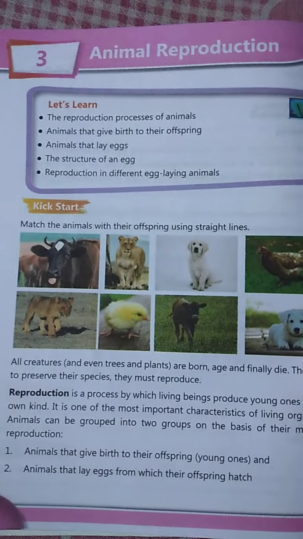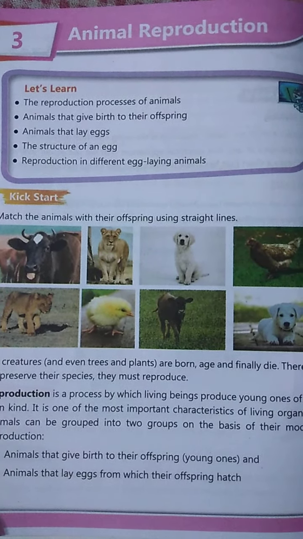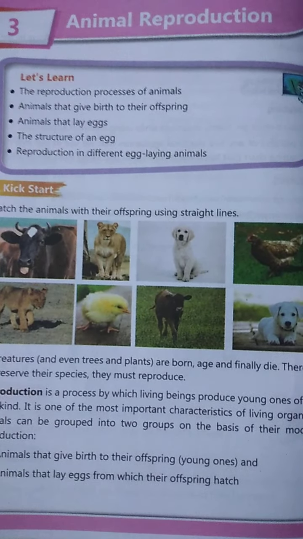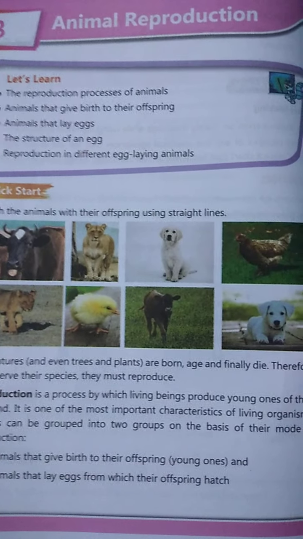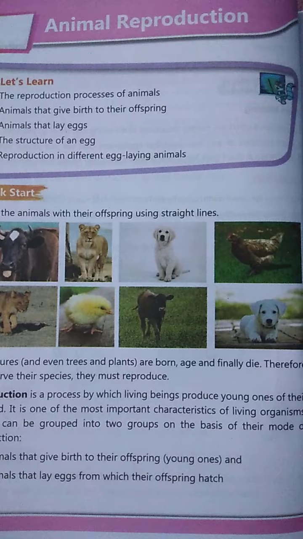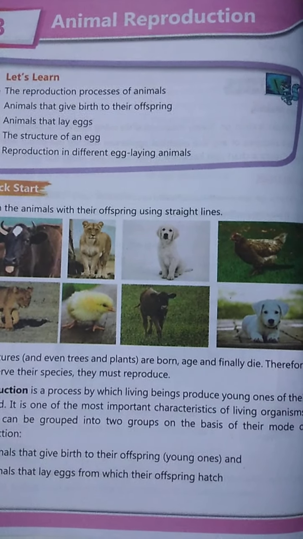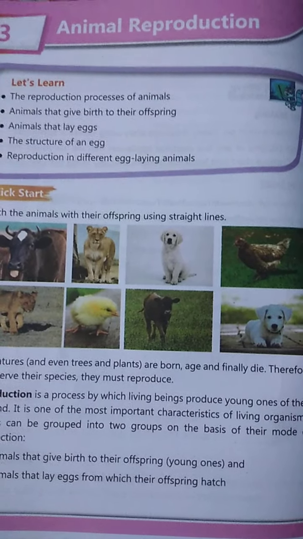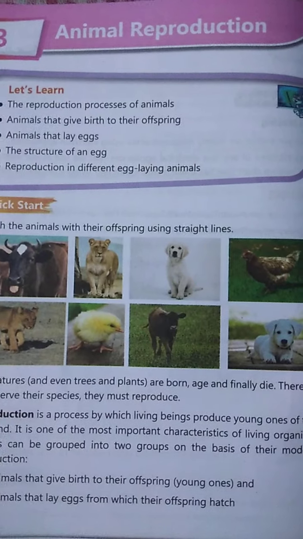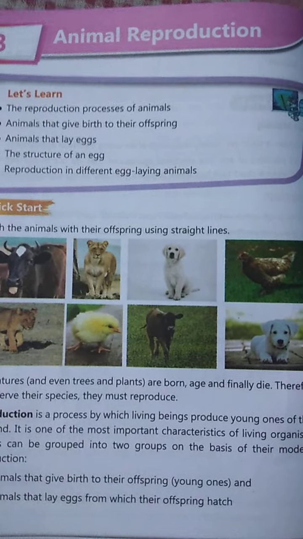So therefore, to preserve their species, to keep their species existing, that is, if all the dogs in the world die and if they don't reproduce, if we don't give birth to another dog, will the dogs exist in the world? No, right? So for the dogs to exist in the world, for their species to be preserved, they must reproduce.